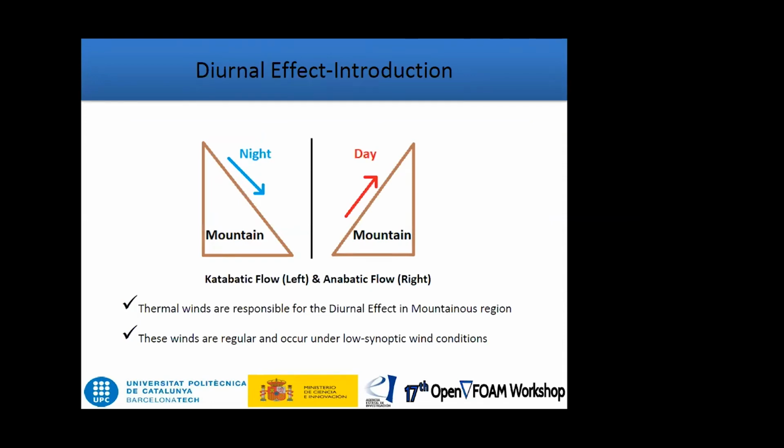Basically, the temperature gradient is responsible for the diurnal effect. And if we take weak synoptic wind conditions, these thermal winds are responsible for the diurnal effect in mountain valley regions.